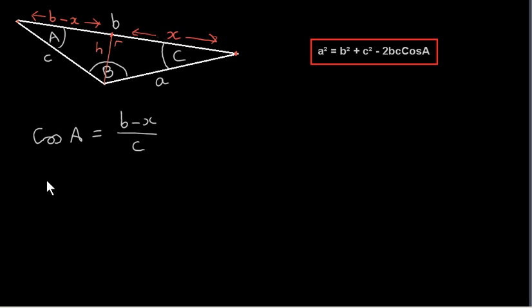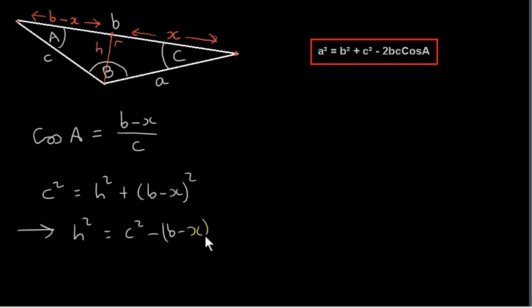We know that the square of the hypotenuse, c, is the sum of the squares of the other two sides. So the other two sides are h and b minus x. And we can rearrange this to get h. Remember, we don't want h to appear in the cosine rule. So h squared is equal to c squared minus (b minus x) squared.